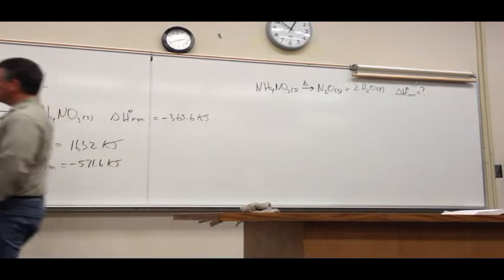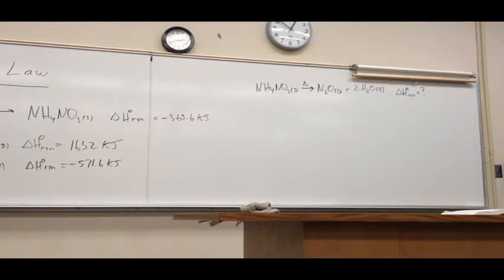If we knew these numbers that I gave you right here, we can use the fact that enthalpy is a state function to calculate the change in enthalpy for the reaction as written over here. And all you have to do is manipulate these chemical equations so when you add them up, you get that equation over there.